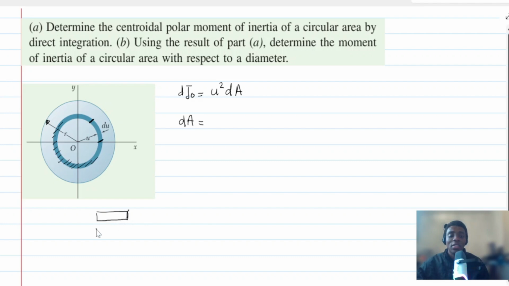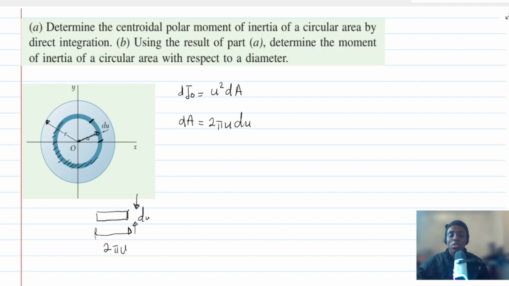The length, which is the circumference, will be 2 pi u, and the thickness is du. So the area is going to be 2 pi u du. Think of it as the area of the small circular strip.